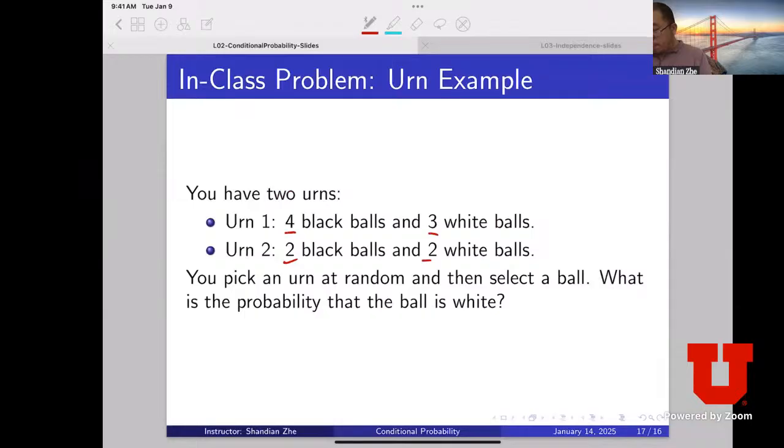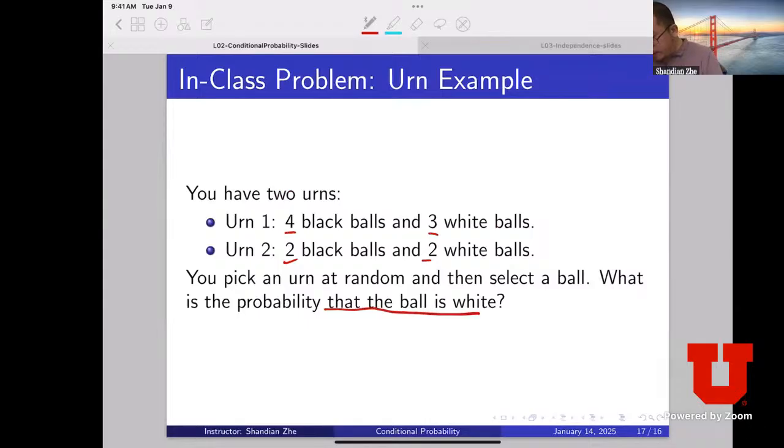The experiment is carried out as follows. You randomly pick an urn, meaning you have equal chance to pick urn 1 or urn 2. Then you randomly select a ball from that urn, meaning every ball in that urn has equal chance to be selected. Now I want to compute the probability that the ball is white.